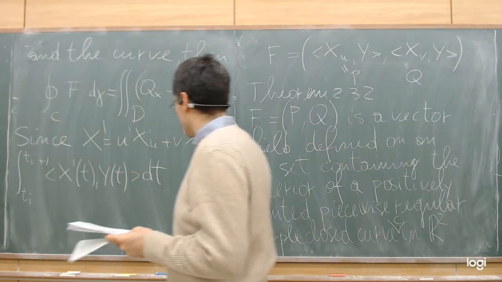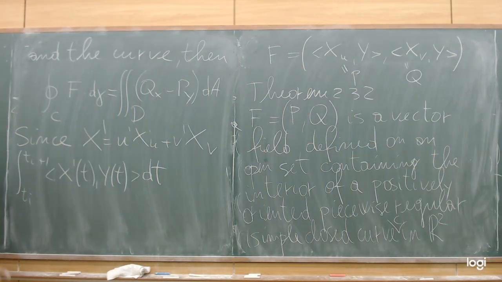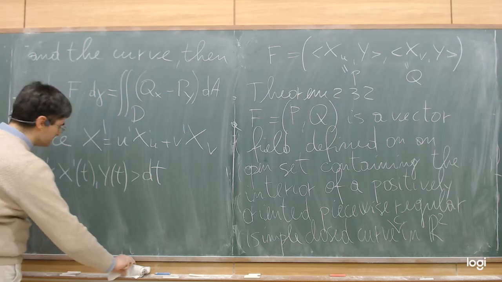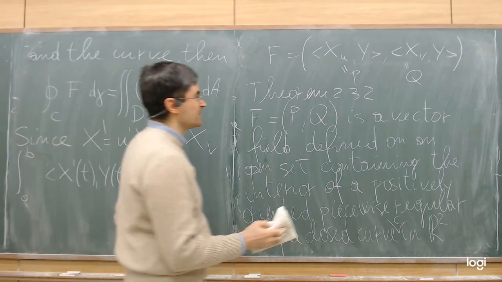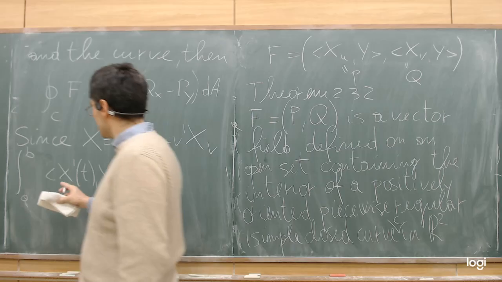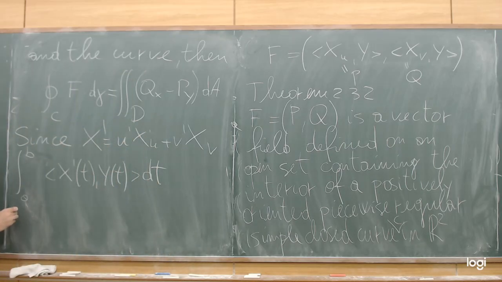Instead of working with ti to ti plus 1, I will work as the integral from a to b, paying attention to the fact that this means the sum on I of the integrals from ti to ti plus 1 of the function.